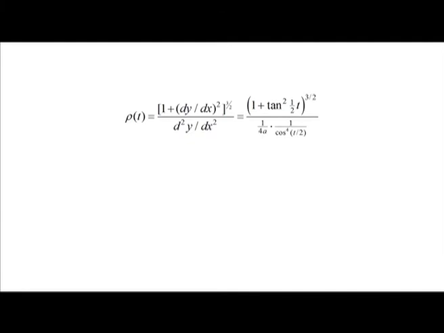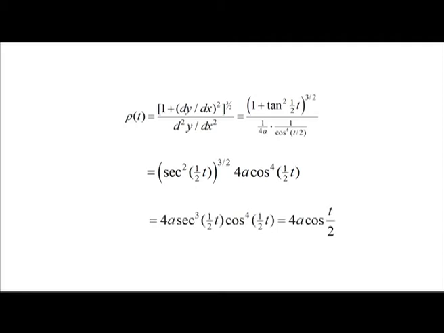Hence, the radius of curvature at a point t is given by rho of t is equal to (1 plus dy by dx all square) all raised to 3 by 2 all divided by d square y by dx square, which is equal to (1 plus tan square (1 by 2 t)) all raised to 3 by 2 all divided by (1 by 4a times 1 by cos raised to 4 (t by 2)), which is equal to (sec square (1 by 2 t)) all raised to 3 by 2 times 4a cos raised to 4 (1 by 2 t), which is equal to 4a sec cube (1 by 2 t) times cos raised to 4 (1 by 2 t), which is equal to 4a cos (t by 2).